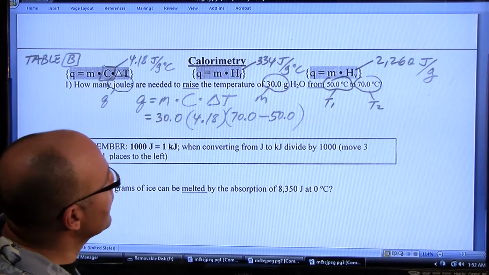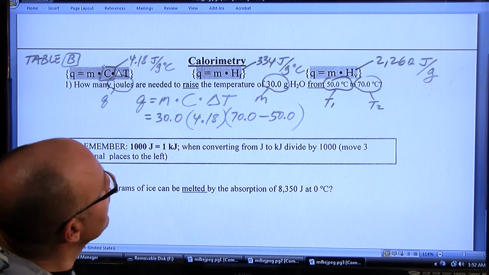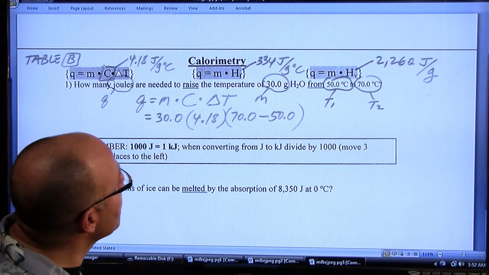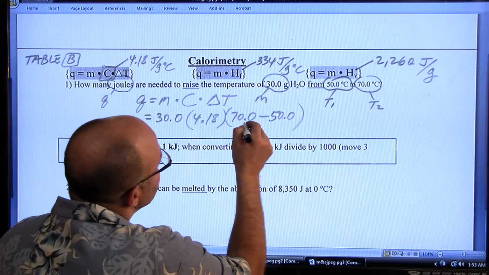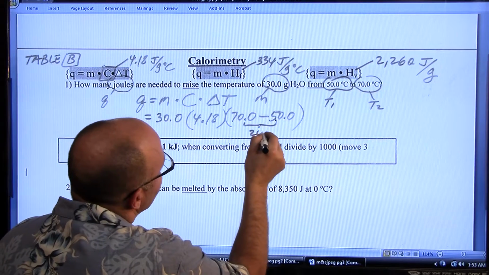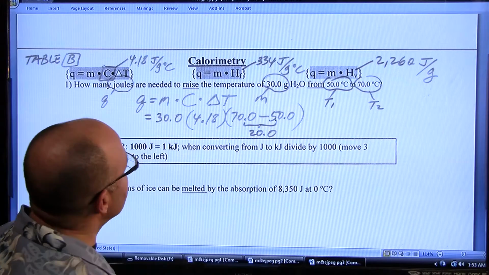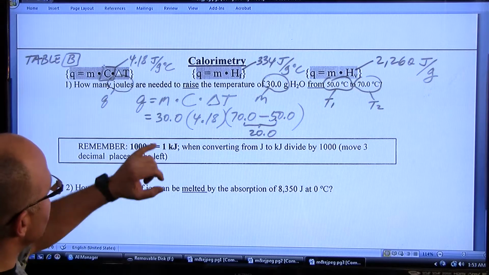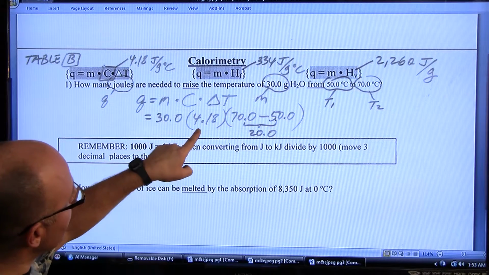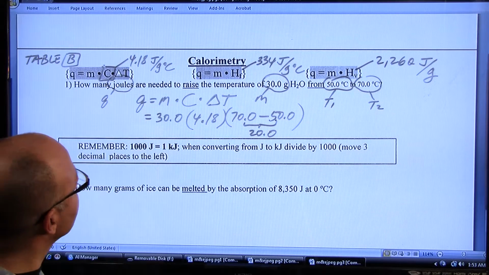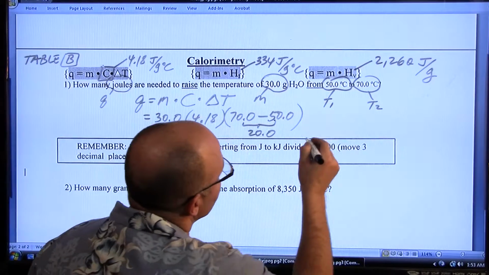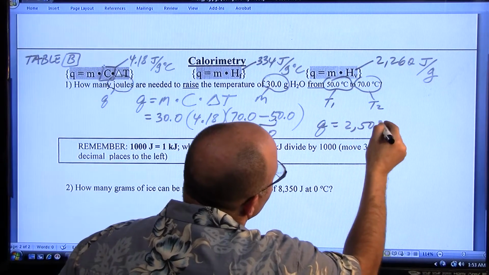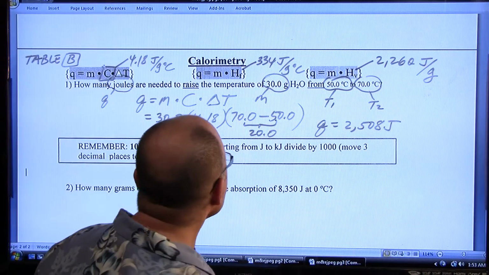And if you got a negative, that would be a drop in temperature, and that would be heat released by the substance instead of absorbed. So 70 minus 50 is 20.0. Since there's one decimal place, I'll write that in. And so your final answer has to be 30.0 times 4.18 times 20.0. You'll get here a Q of 2,508 joules.